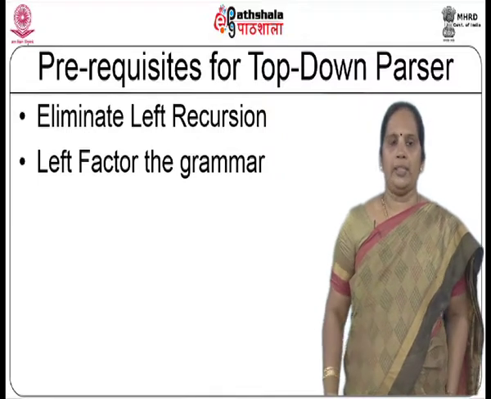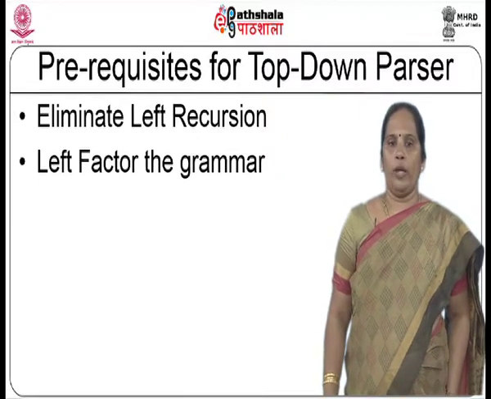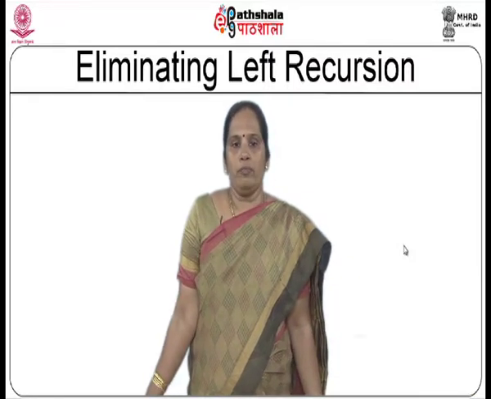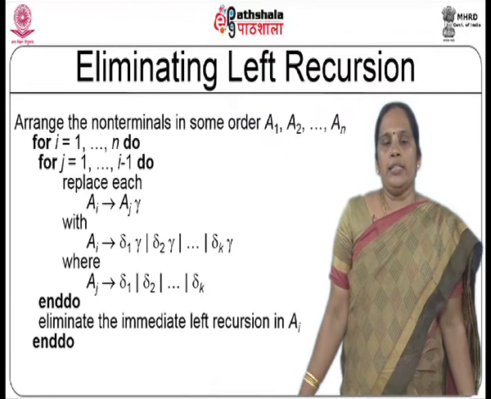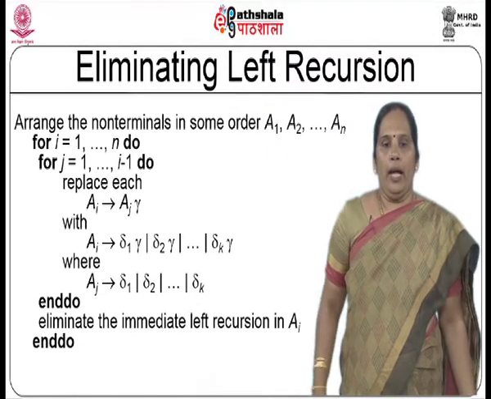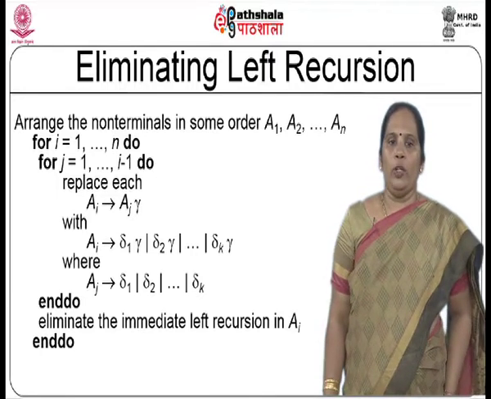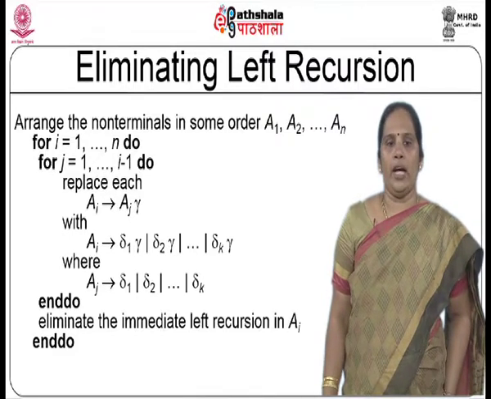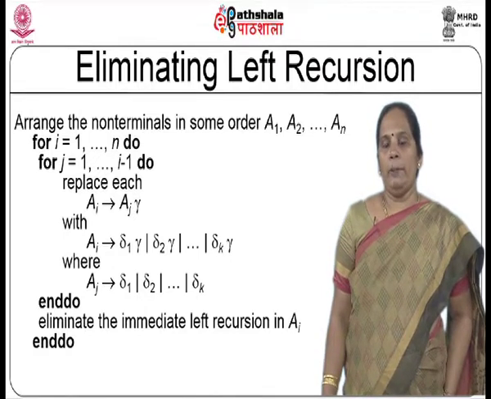So, the first thing is eliminating left recursion. Okay. So, this is the algorithm for eliminating left recursion. Arrange the non-terminals in some order A1, A2 etc. up to An, and for i equal to 1 to n, do for j equal to 1 to i minus 1, do replace Ai produces Aj gamma with Ai produces delta 1 gamma or delta 2 gamma etc. up to delta k gamma, where Aj produces delta 1 or delta 2 etc. up to delta k.